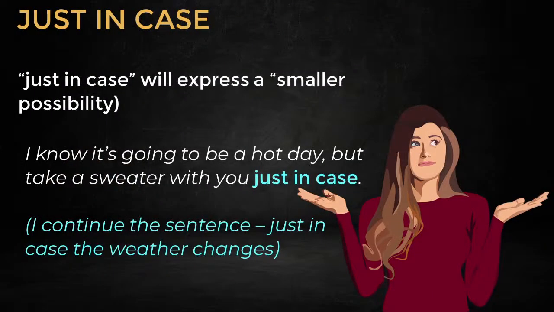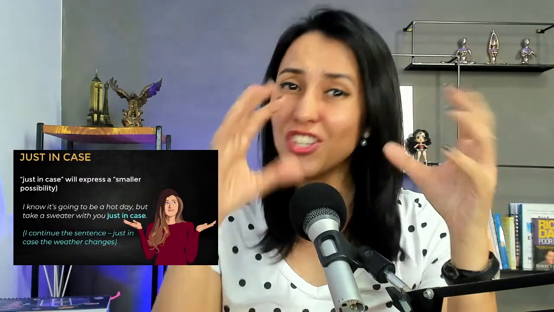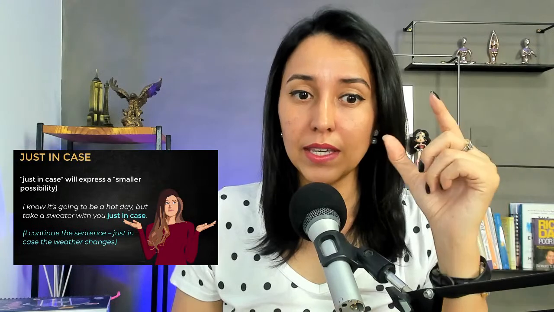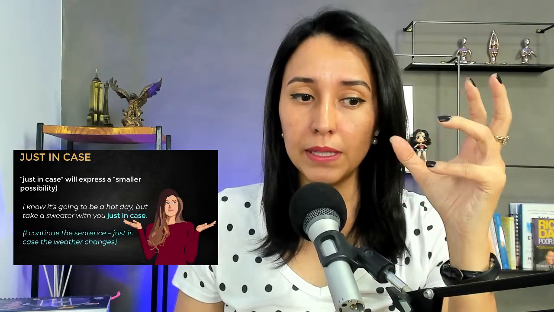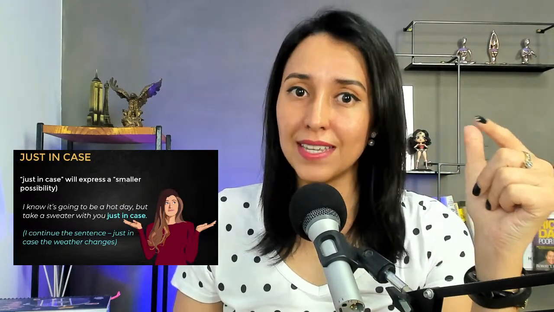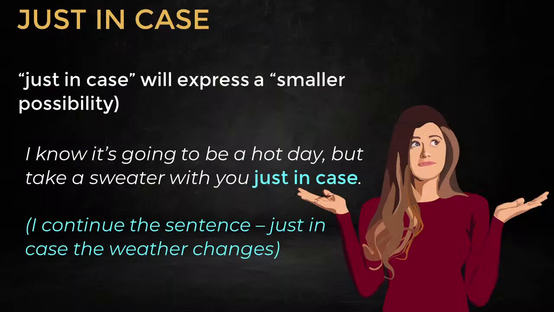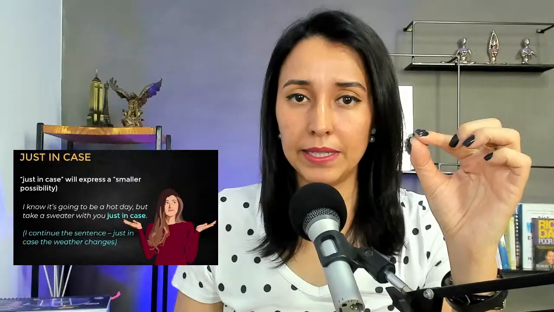Now, moving on. Just in case. You will also hear the combination just in case, the collocation, just in case. But when I use just in case, here I'm going to focus on the possibility. When I'm using just in case, I am expressing a smaller possibility.